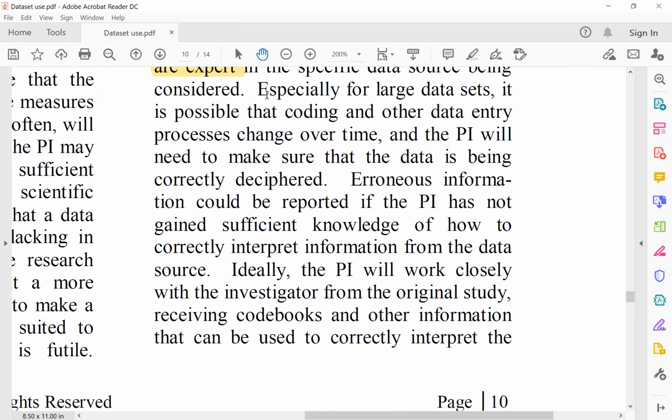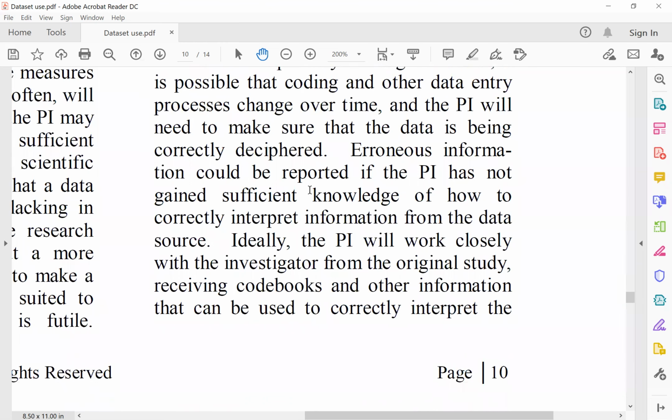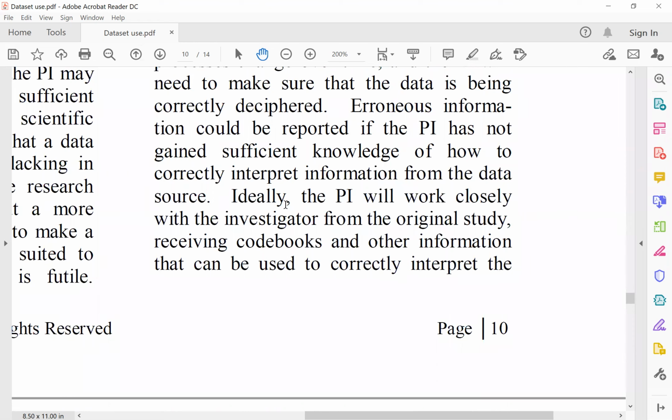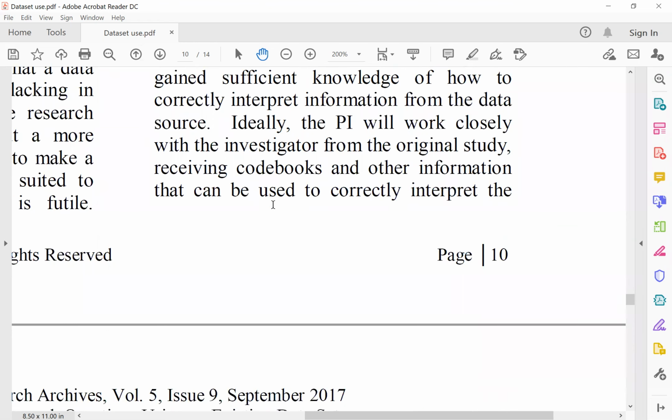Especially for large datasets, it's possible that coding and other data entry processes change over time, and the PI will need to make sure that the data is being correctly deciphered. Erroneous information could be reported if the PI has not gained sufficient knowledge of how to correctly interpret information from the data source. Ideally, the PI will work closely with the investigator from the original study.